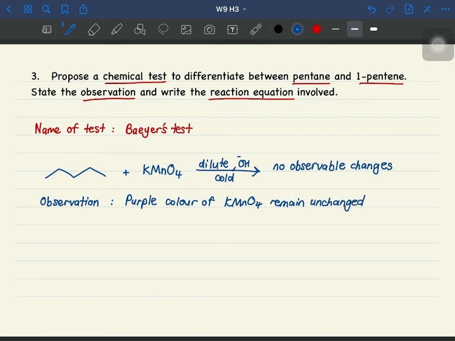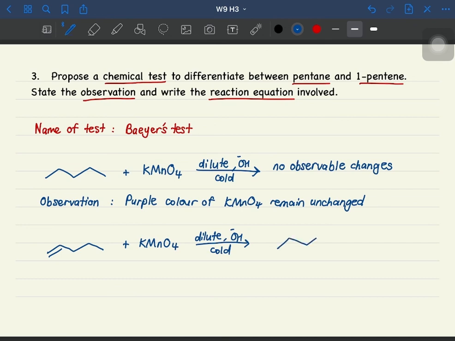Now we're going to proceed with the 1-pentene. So 1-pentene has exactly the same number of carbon as pentane, but this time around we have a carbon-carbon double bond at the first carbon. So again, rewrite all the solutions and also conditions given. So we have this dilute, OH minus, cold. Then this carbon-carbon double bond will give a product of diol.